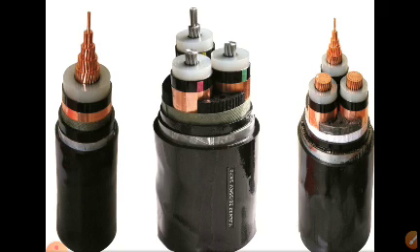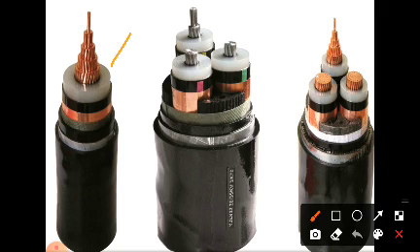The classification is based on different factors: number of conductors, voltages, applications, and the media used in between the conductors, that is, the dielectric strength. Now you can see the cables here. This is a single core cable, and these are 3 core cables.